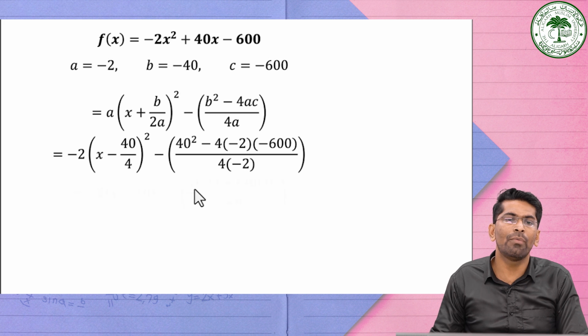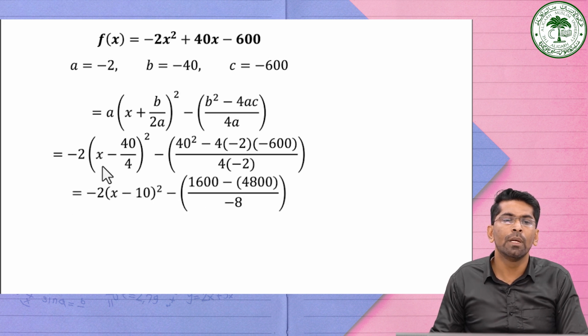If you simplify it, it is minus 2 x minus 40 divided by 4, which is equal to 10. So it is x minus 10 whole square minus 40 square, which is 1600, minus 4 into minus 2 into minus 600, which is 4800, divided by 4 into minus 2, which is equal to minus 8.